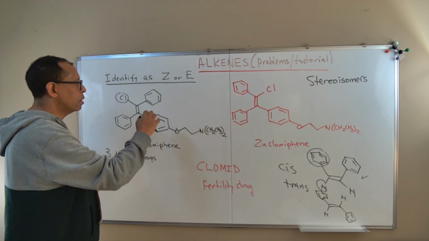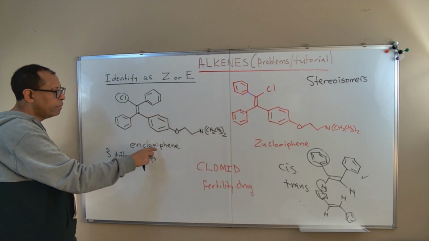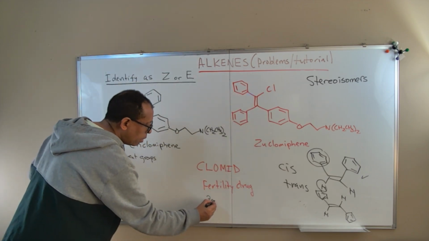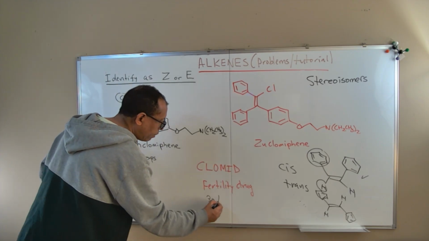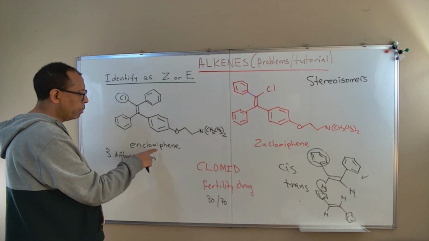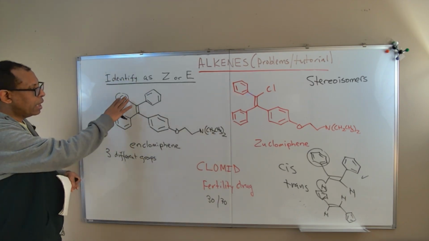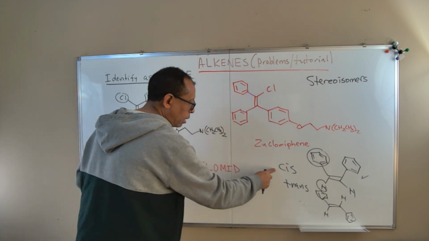These are stereoisomers. This is the enclomiphene and zuclomiphene. Clomid is 30% zuclomiphene and 70% enclomiphene. So to identify as Z or E is the most proper, not cis and trans.